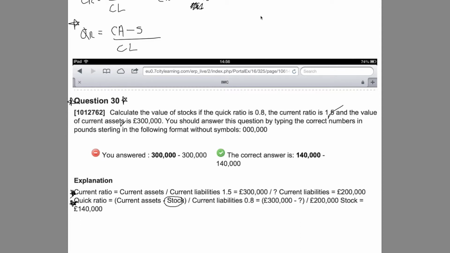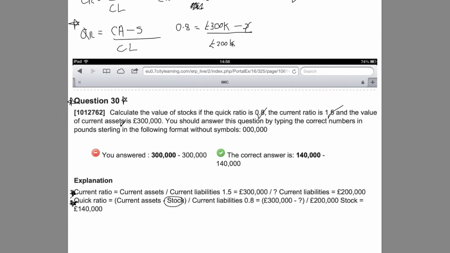So if we have a look at the quick ratio now, in order to get the stock value. We know that the quick ratio is 0.8, so 0.8 equals the current assets, which is 300,000, minus x, divided by the current liabilities that we just calculated, 200,000.